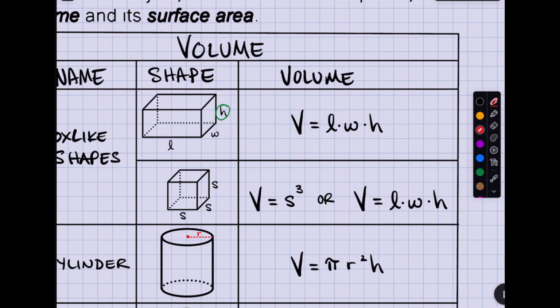So if you look at these three, it's always the area of the consistent surface. The area of a circle is pi r squared, times the height of the cylinder. So it's the area of the consistent shape times the height. Now look at the rectangle: length times width is the area, times the height.